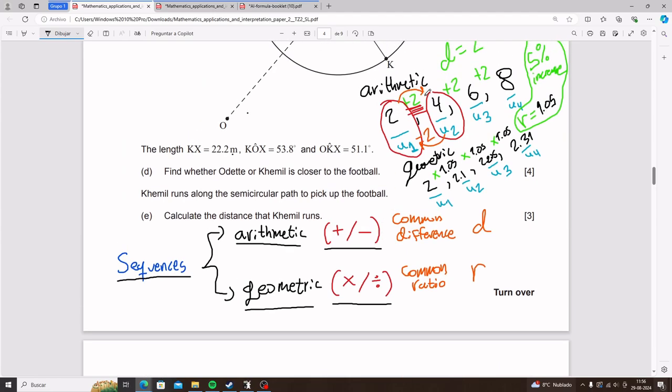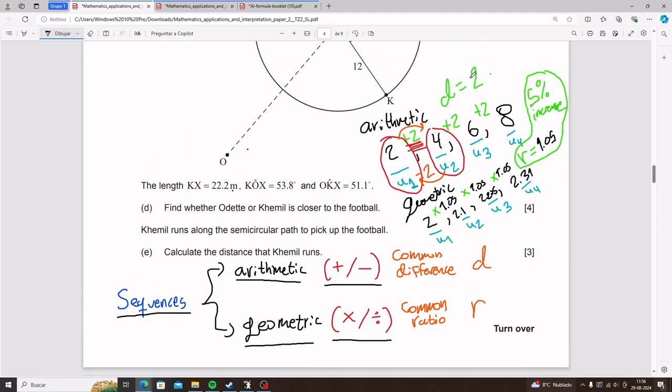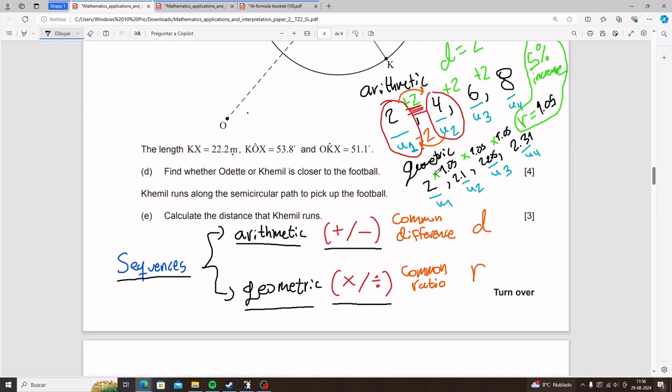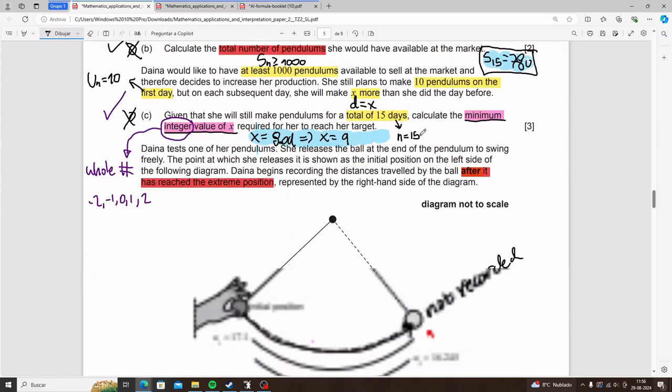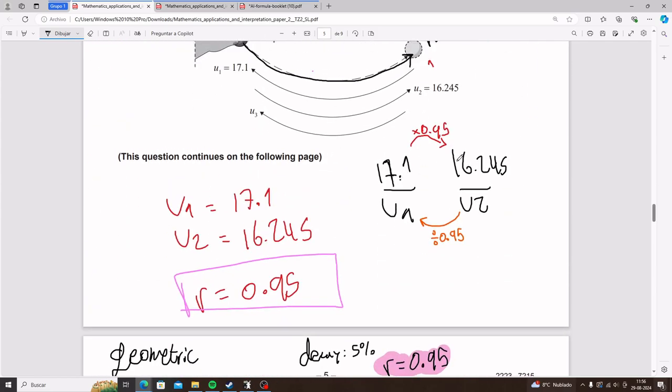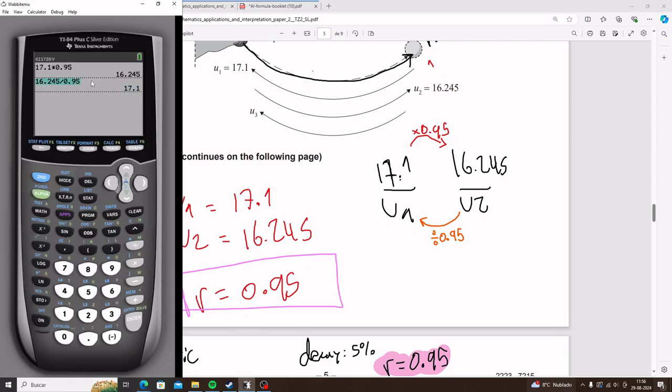For moving forward in arithmetic, for this context at least with a positive D, you do +2, +2, +2. And to work backwards, you can do -2, -2, -2. For the geometric in this case, if you're multiplying by 1.05, to work backwards, you can divide by 1.05. And so it's no different over here. So for U1 to U2, you multiply by 0.95. And from U2 to U1, just so you believe me, you do 16.245 divided by 0.95, and you end up with U1.